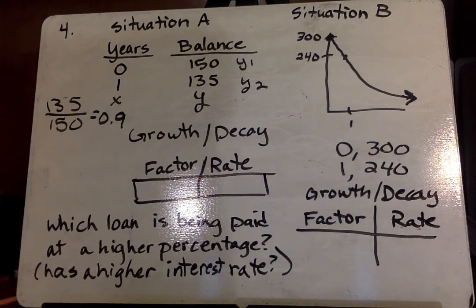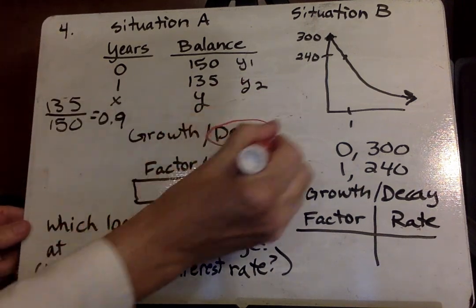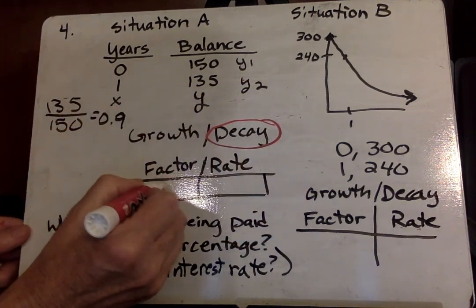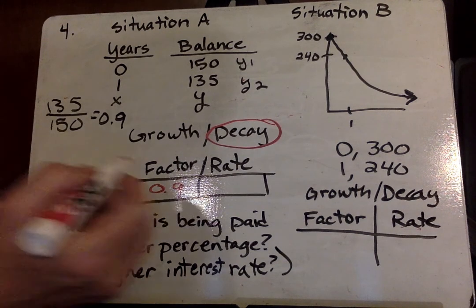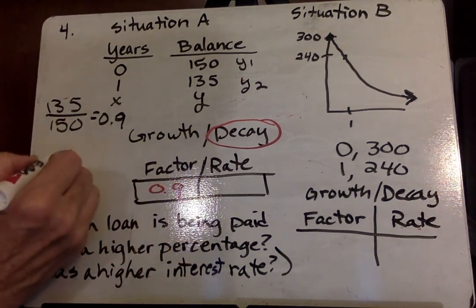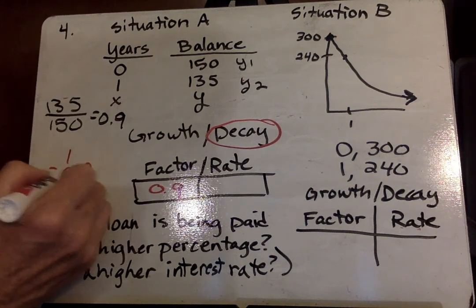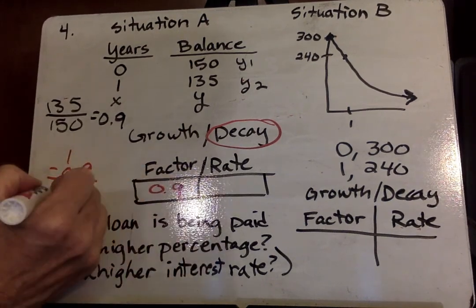So we're actually going to be owing less, so the numbers are going down, and it's going to be a decay. I think I will do the rest of this in red marker. So it's a decay. Our factor is 0.9. Our rate is being paid. We take 1 minus 0.9 and we get 0.1.